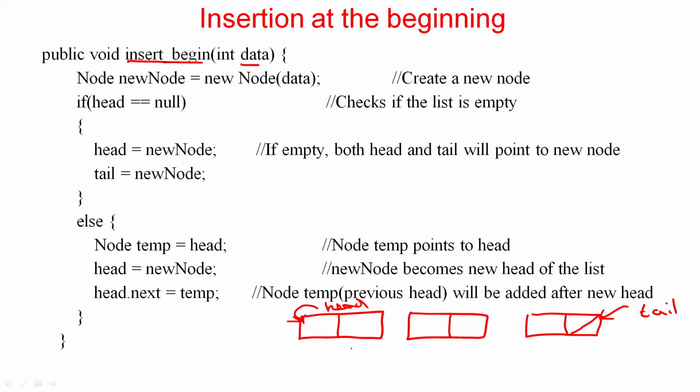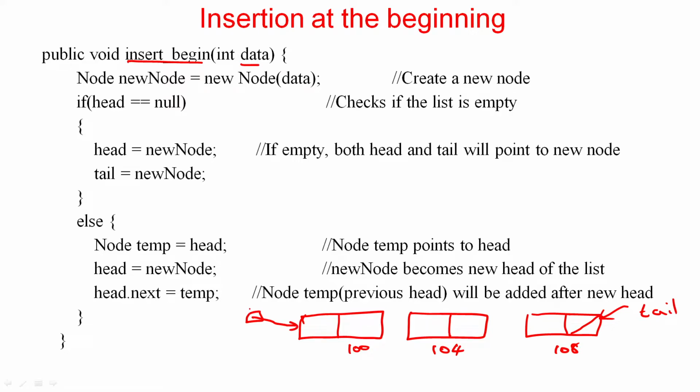Assume the address of the head node is 100. This one is 104. This one is 108. So 100 is mentioned in the head. We can indicate the head like this.